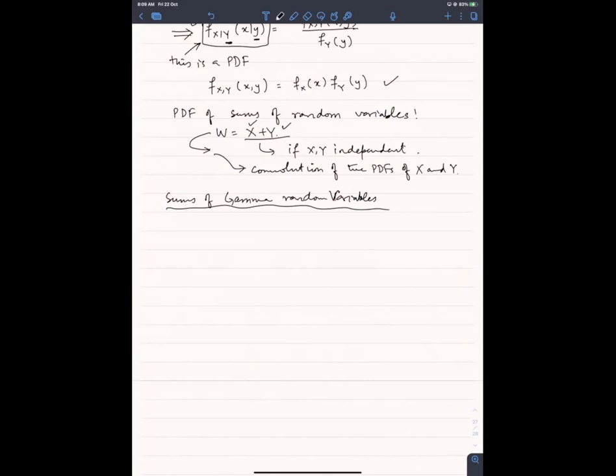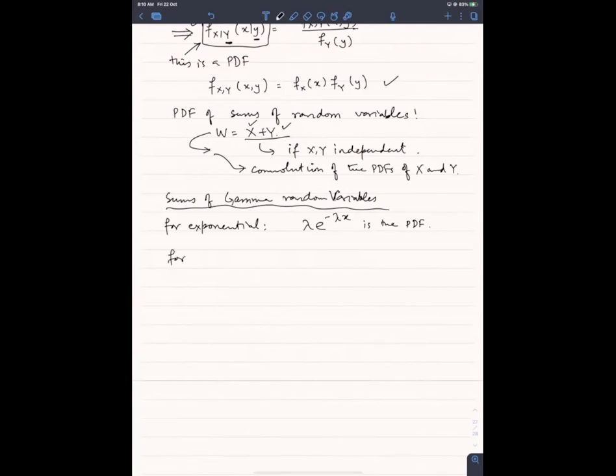So for the exponential random variable, we knew the PDF: lambda e to the minus lambda x. The CDF was 1 minus e to the minus lambda x.